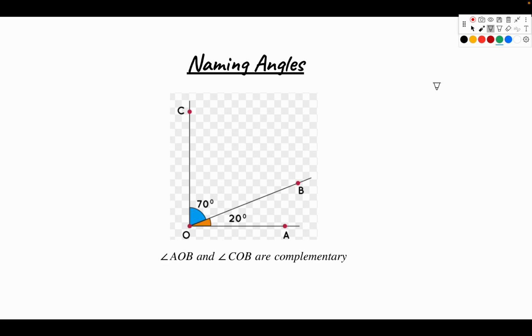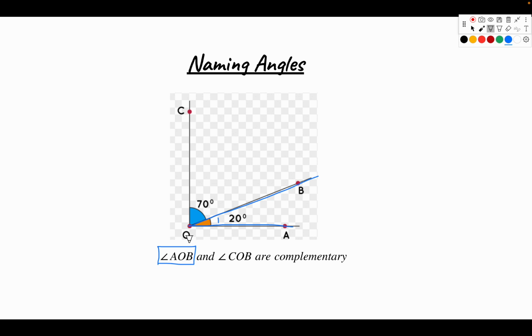To name the two angles that are complementary, we can identify our 20-degree angle. Let's say I put an angle 1 here. So this angle is angle AOB. It goes from A to O and out to B. That's how we can name it.